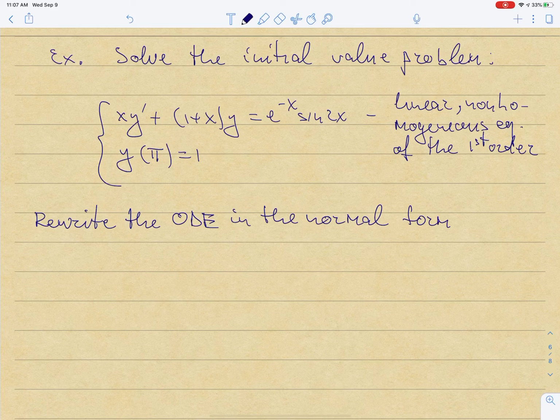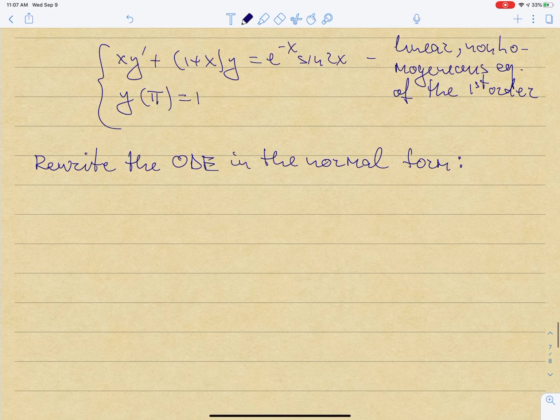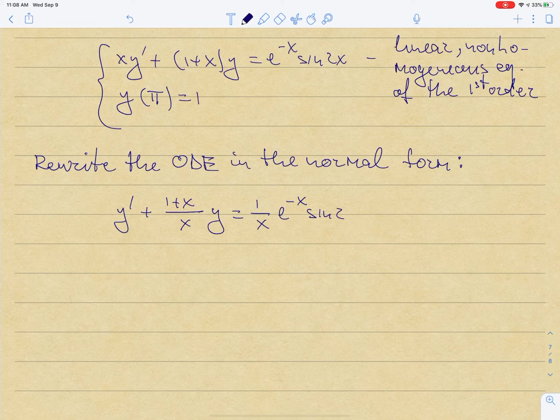So that involves dividing everything by x to get y prime plus (1 plus x) over x times y equals (1 over x) e to the minus x times sine of 2x.